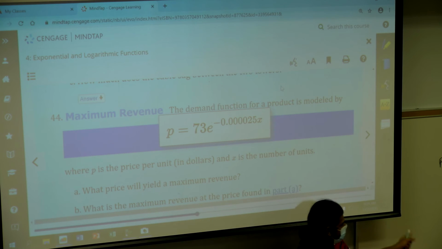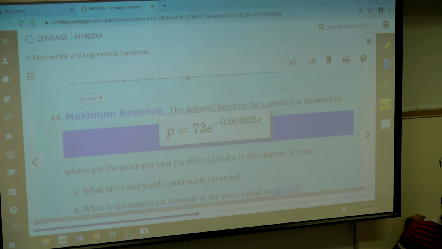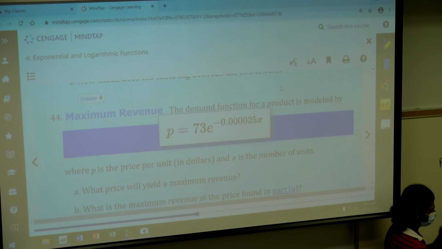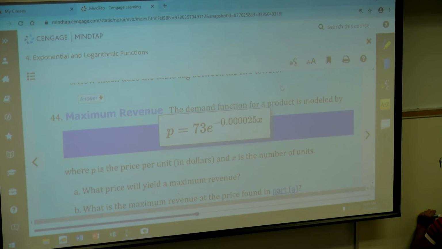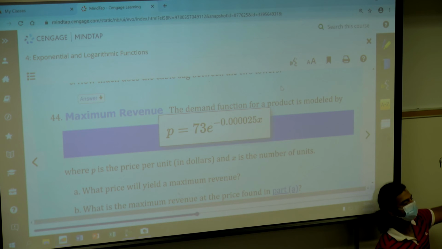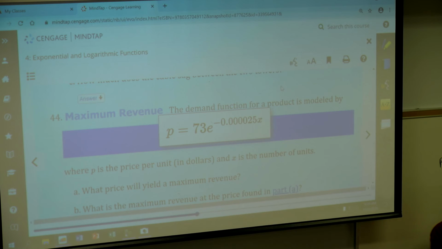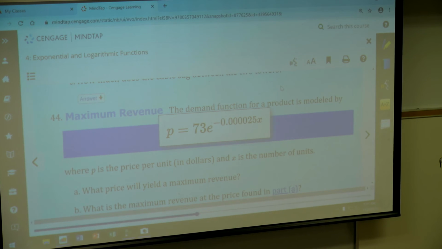What is u prime? U is 73x. What is the derivative of u? It's 73. V prime is the derivative of the price function, right? We already found that, so it's that number, or that function.